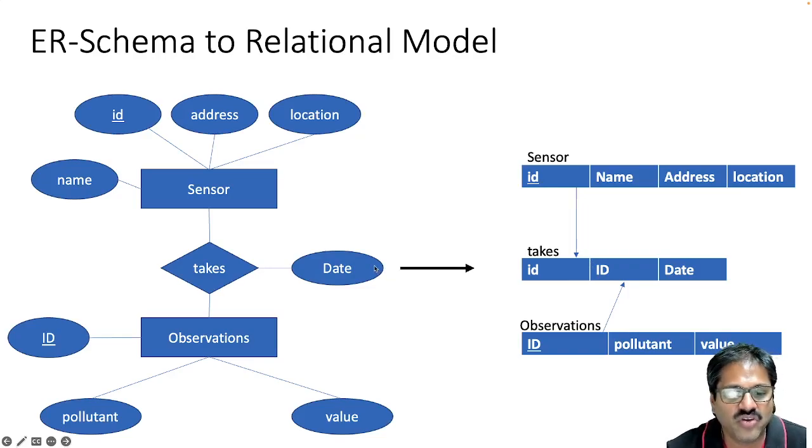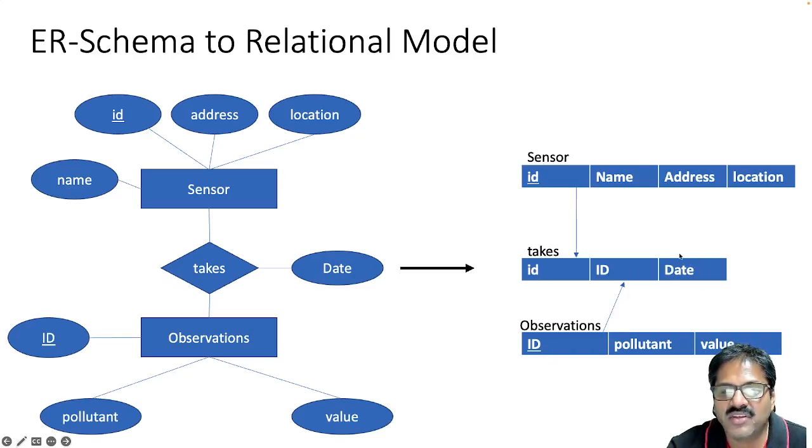And then, most important, when we are creating a table for a relation like takes, we bring in the keys followed by its attributes. For example, takes is establishing a relationship between sensor and observations. So the takes table contains the ID of sensors, the ID of observations, and the date.